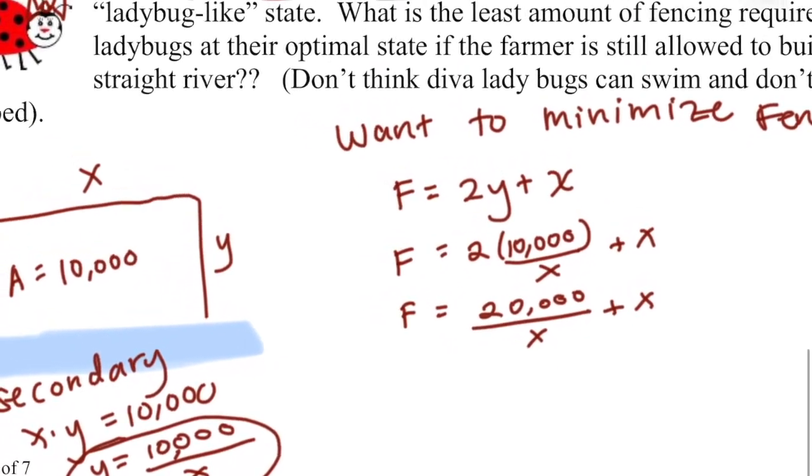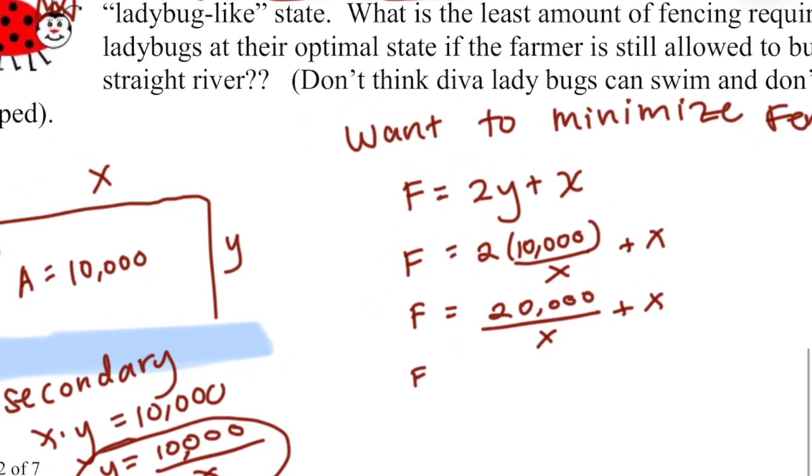That's as simple as this is going to get, so let's take the derivative, f prime. This derivative, you can kind of imagine that this is x to the negative 1. Right, I could rewrite this as 20,000 x to the negative 1.